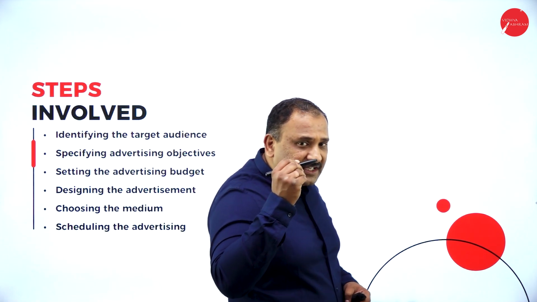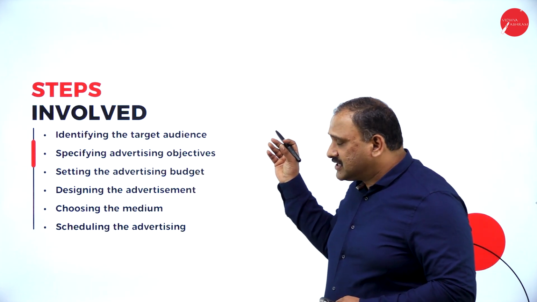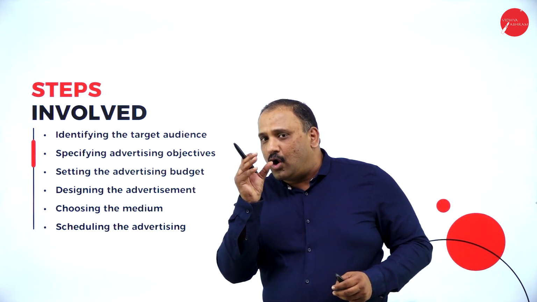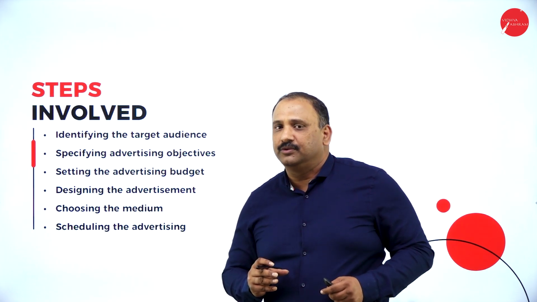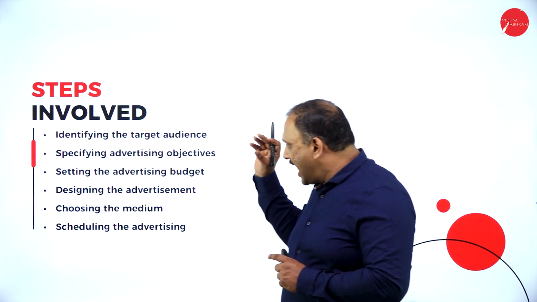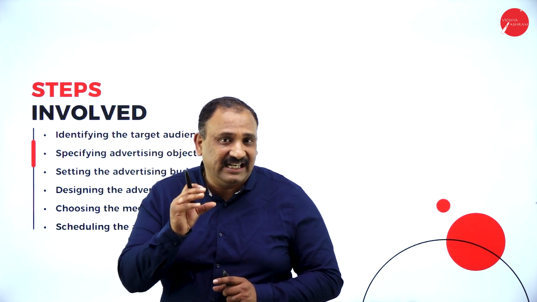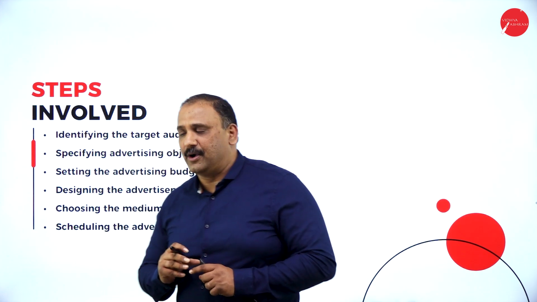So now when we start talking about this as we go step by step, the first thing is who is your audience that we are looking into? Not everybody is going to be interested in your product. So you need to identify the target audience, the people who are exactly interested to know about your product.